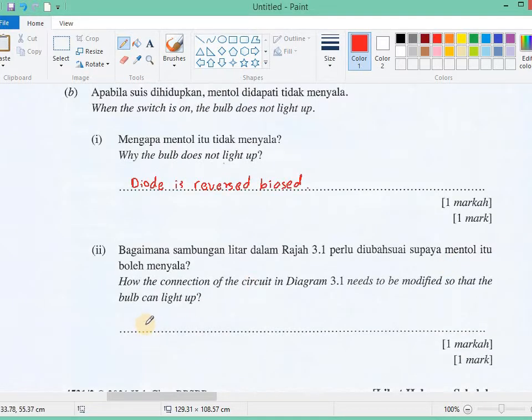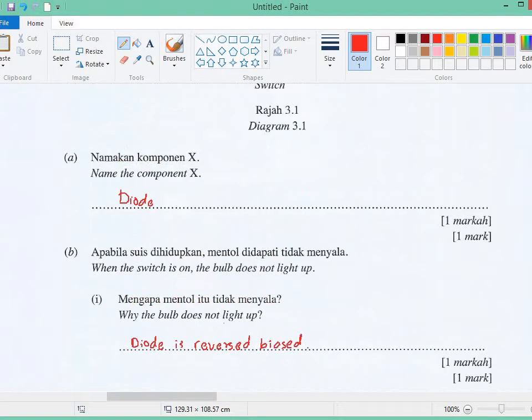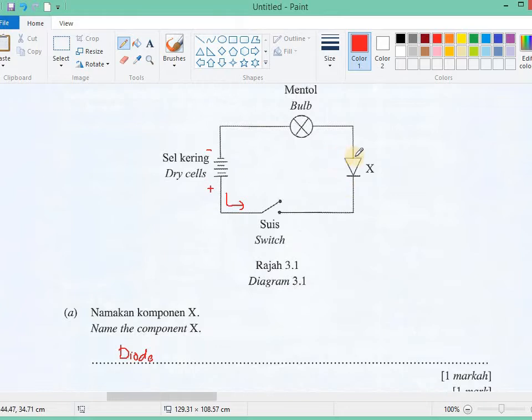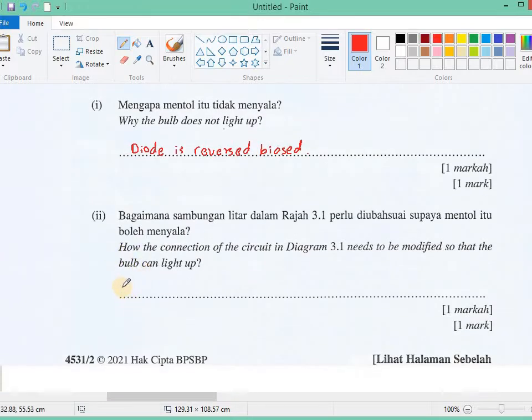Next, how does the connection of the circuit in diagram 3.1 need to be modified so that the bulb can light up? What is it that we need to modify here? The most obvious one is we can say that we reverse the connection of the diode.